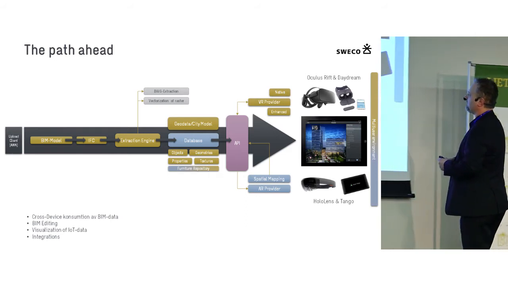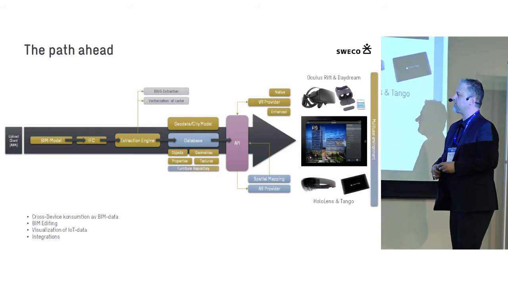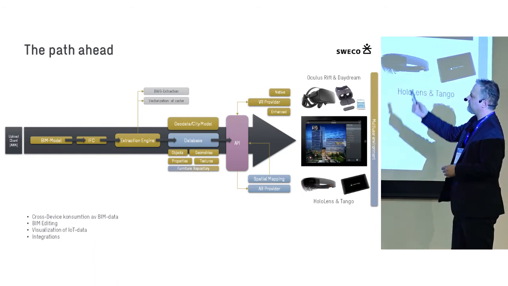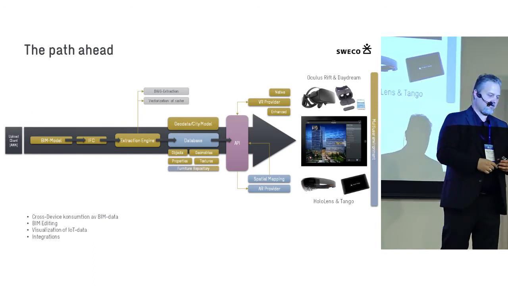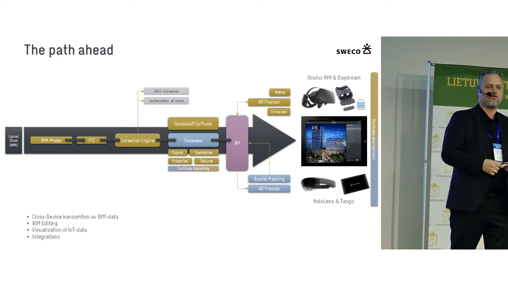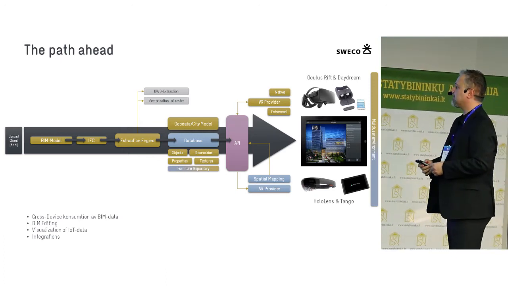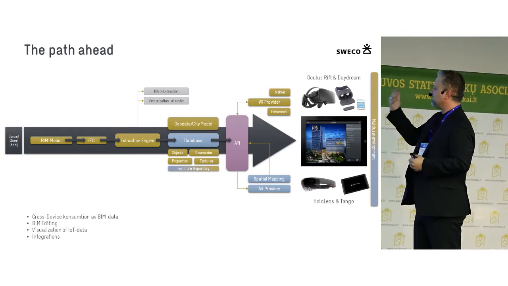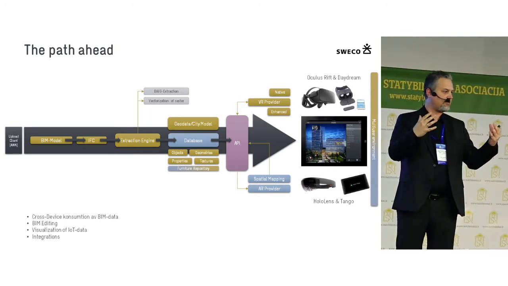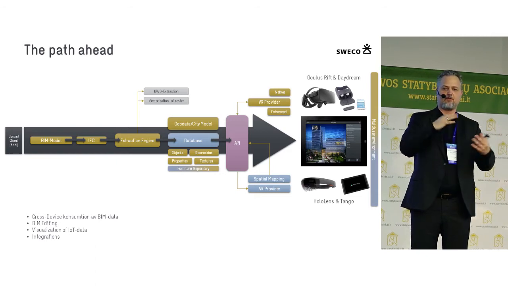We have also been doing some testing with products like the HoloLens, where we have, together with Chalmers University, created a spatial mapping solution, where we take the meshes from the HoloLens and convert them to planes.